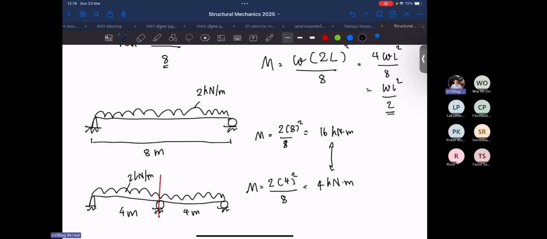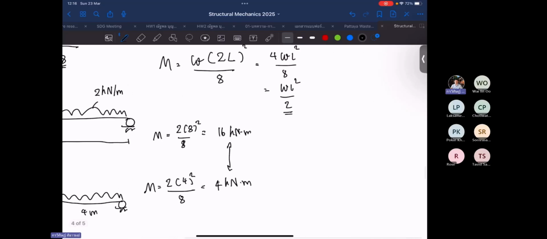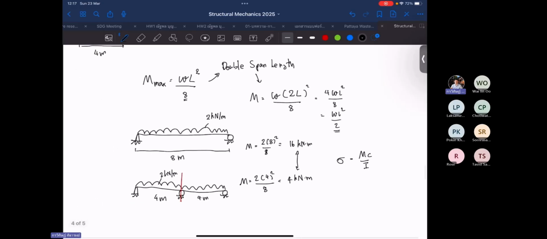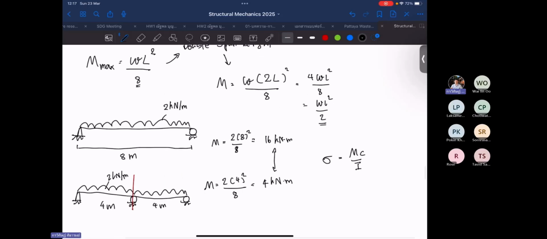Roughly, if we analyze the stress, it equals Mc over I. If you increase the magnitude of moment by 4 times, that means you need a member 4 times bigger. That is sometimes not an economical choice. Please connect the knowledge to design.